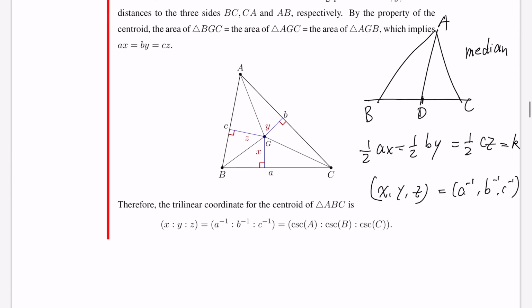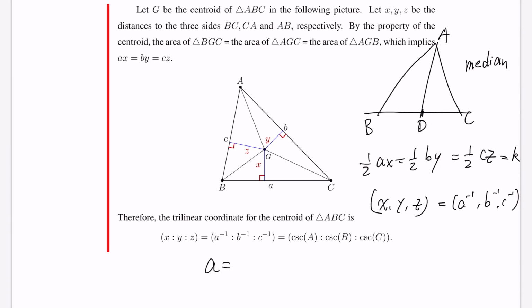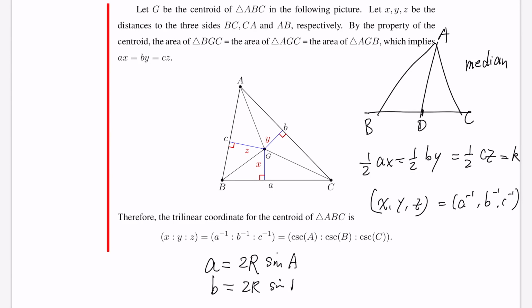If we use the law of sines, we know that a is equal to 2R sine A, where R is the radius of the circumcircle, b is 2R sine B, and c is 2R sine C. If you do that and take the reciprocals of a, b, c, then the trilinear coordinates would be cosecant A, cosecant B, and cosecant C. So this gives us the trilinear coordinates for the centroid.